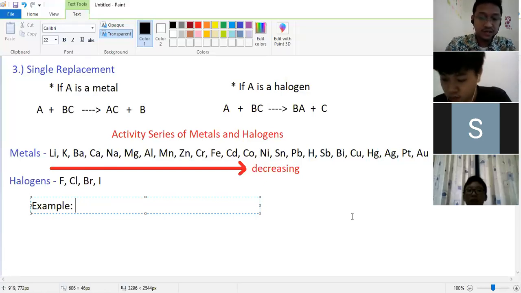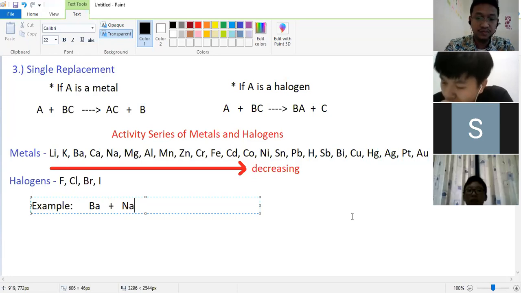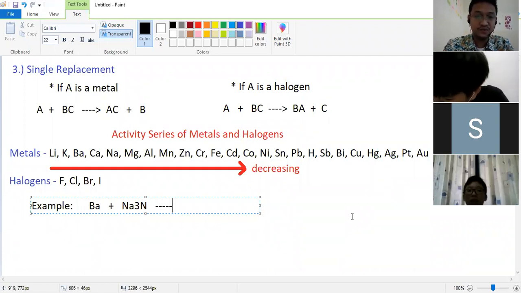All right, let's say we are given barium that reacts with sodium nitride. Now, can you tell me what will be the product when barium reacts with sodium nitride?